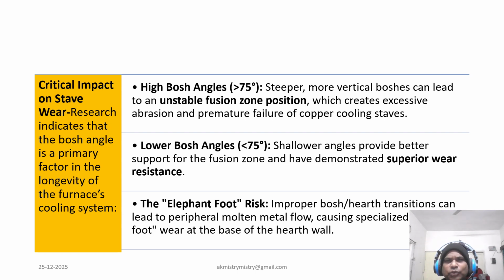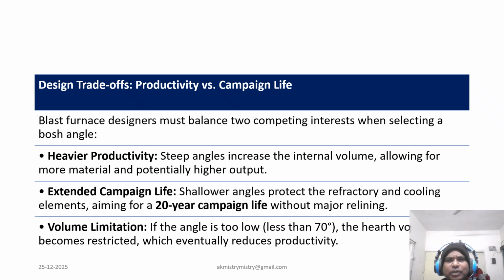Coming to the wrap up, the industry consensus, supported by groups like worldsteel, suggests that maintaining a Bosh angle of less than 75 is the gold standard for stabilizing the fusion zone and extending stave life.